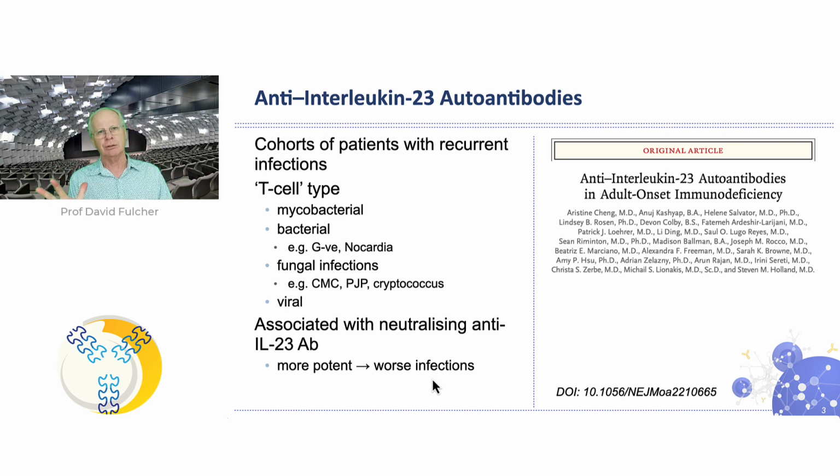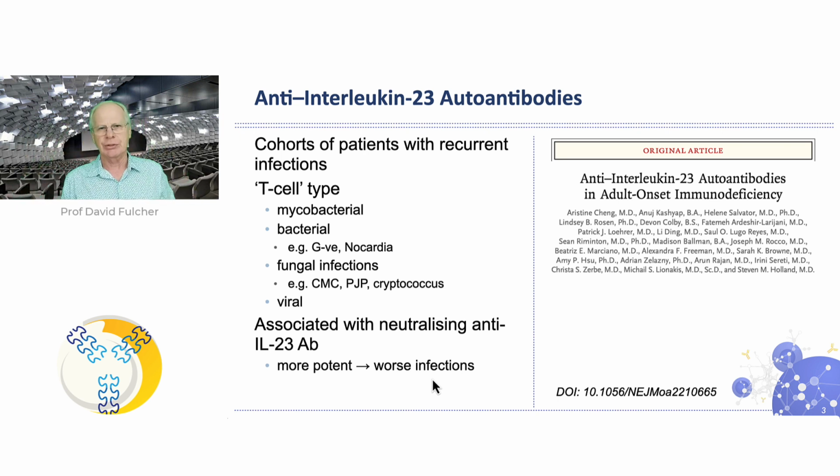So if you've been to the course, you may remember that the most obvious example of this, which is beautifully illustrating the role of Th17 cells, is the anti-cytokine antibodies to interleukin 17 and 22. So we'll talk a bit about those in a moment. But this is a new immune deficiency driven by antibodies to interleukin 23, an autoimmune disorder causing an immune deficiency.